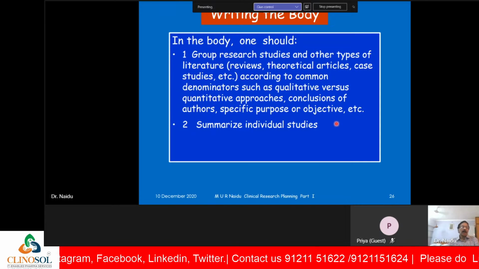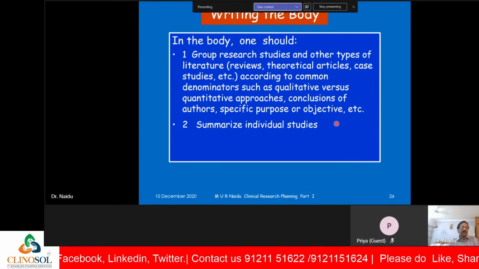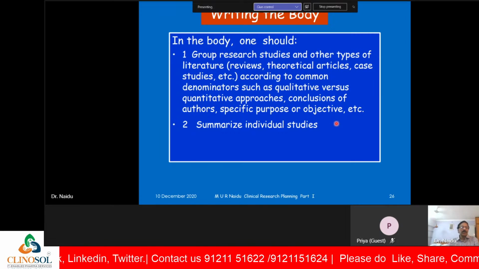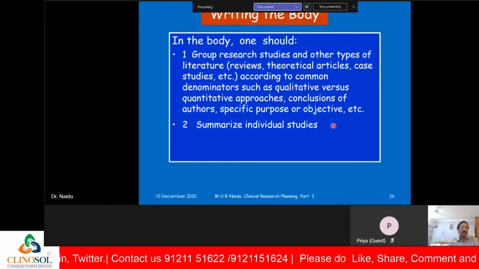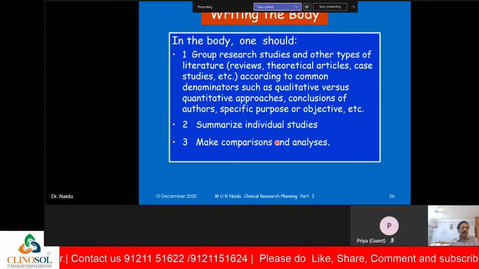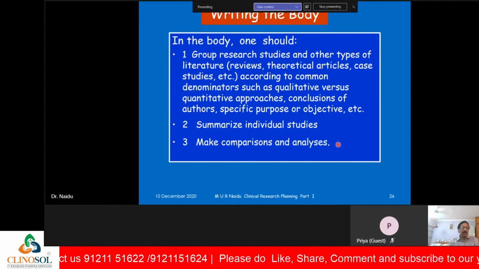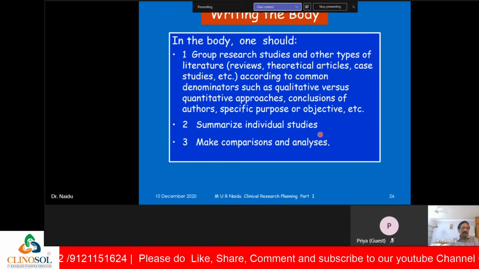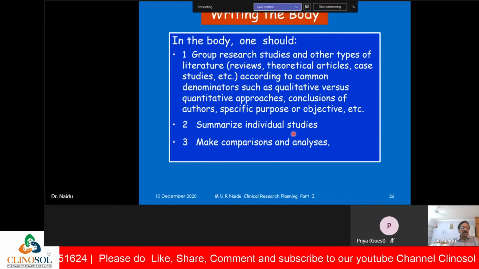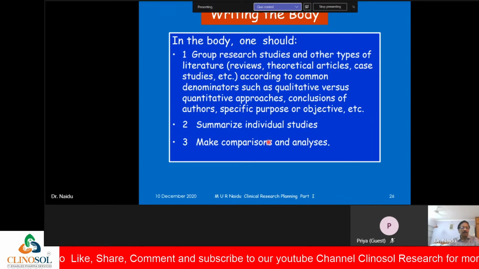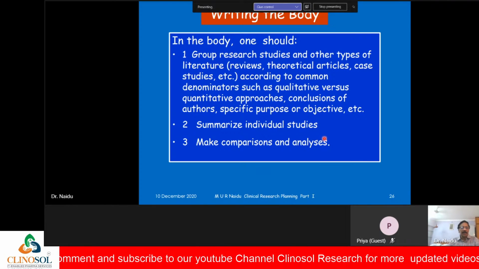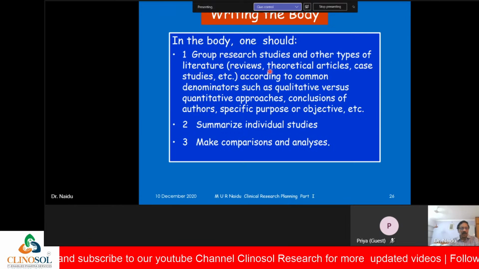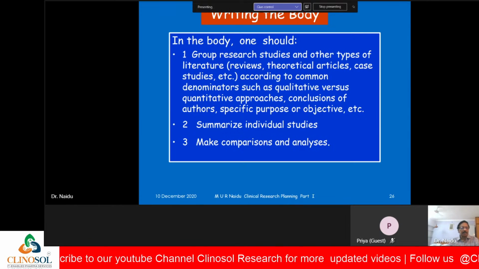For example, I have collected 65 references. For each I have given a 2 to 3 line summary of what the author has said, and made a very comprehensive analysis. You mention that a particular author is telling it is happening like that. However, another author is telling this is not the way, it should be done like that. So you have to make a lot of comparison between the authors and publications and make your analysis when you are writing the body.